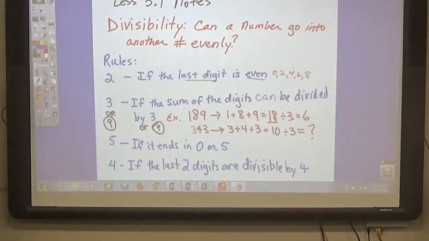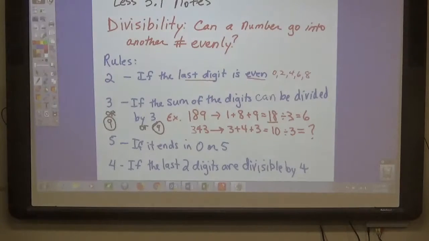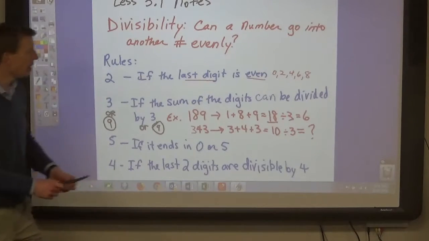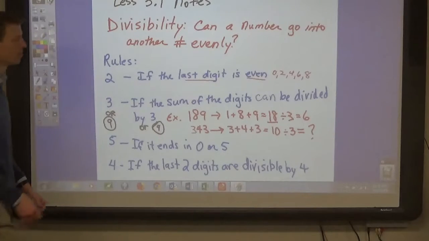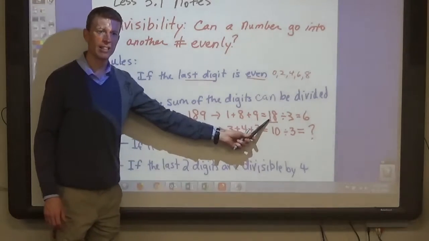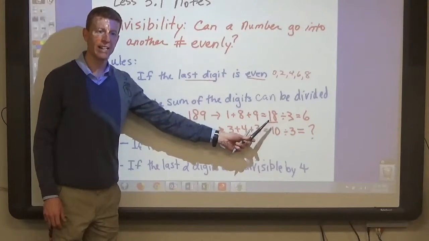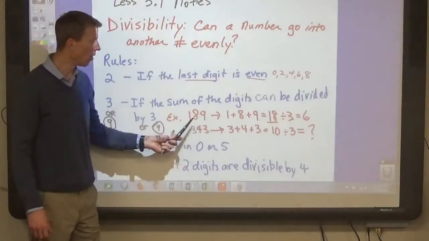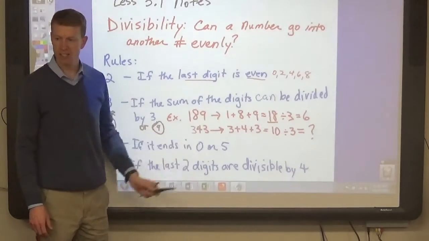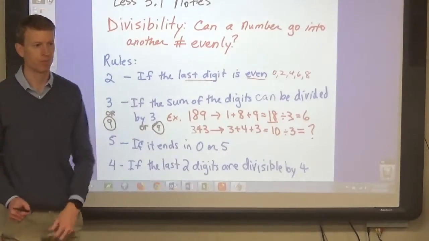Yes, it is. Tim? Well, the sum of the digits is 18. Is 18 divisible by 9? Yes. And therefore, 189 is divisible by 9.